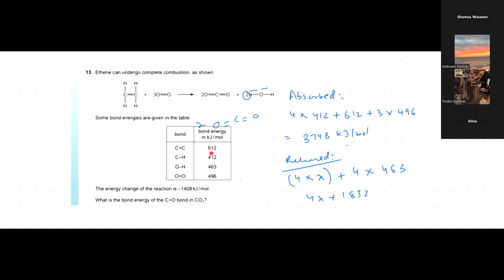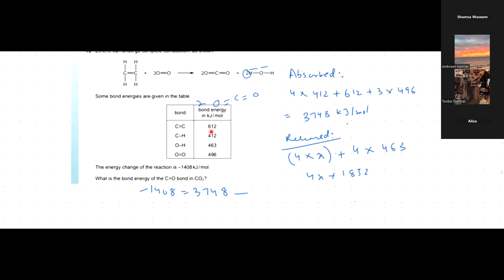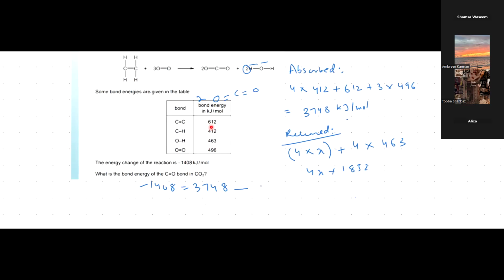Now we have to put in the values: enthalpy change, minus 1408, is equal to total energy absorbed, that is 3748, minus energy released. So energy released is going to be 4x plus 1852. Make sure you write it in brackets. Right? We'll solve it further.